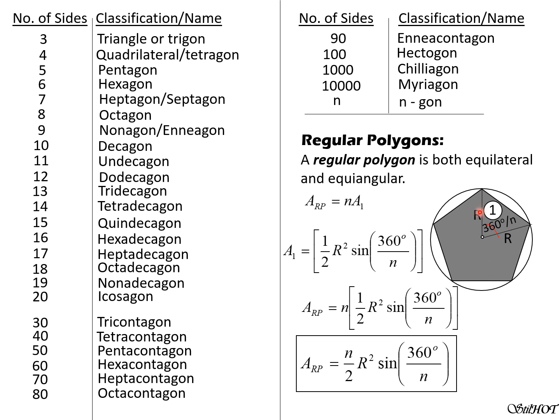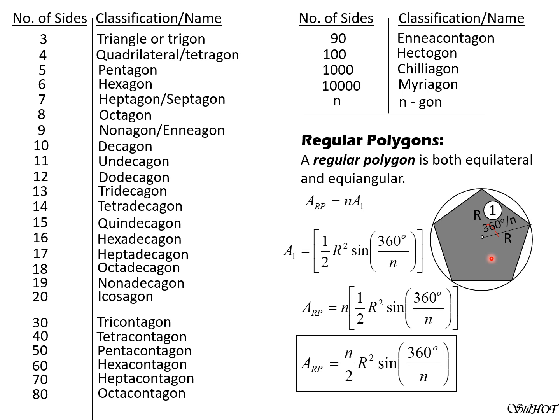So we have R, the big R, the radius of the circumscribing circle or circumcircle. Since one revolution is 360 degrees, the interior angle of that isosceles triangle is 360 degrees over n.